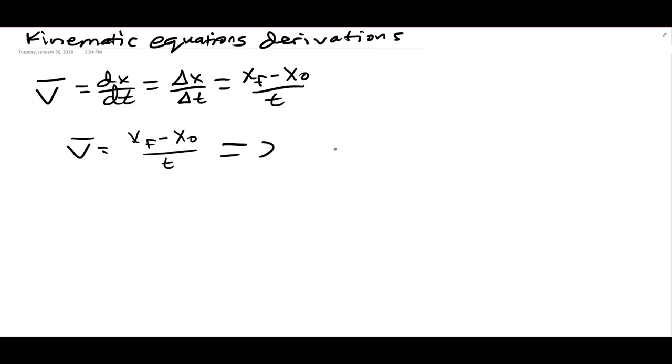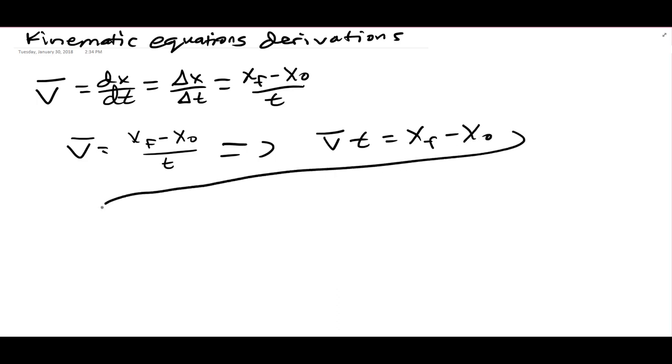Average velocity times time is x final minus x initial, and that leads to x final equals x initial plus v times t.